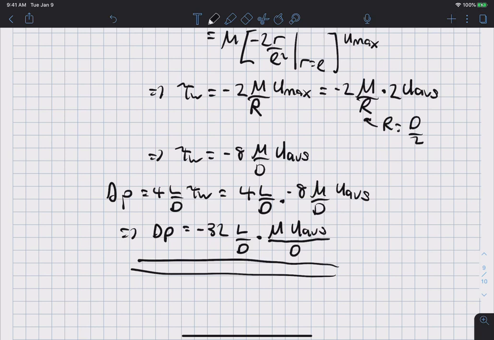Okay, and so if we know the average velocity in the tube, and the average velocity equals Q over A, and so if we know the volumetric flow rate, the size of the tube, and the length, and if we know that the flow is laminar, we can compute the pressure drop.